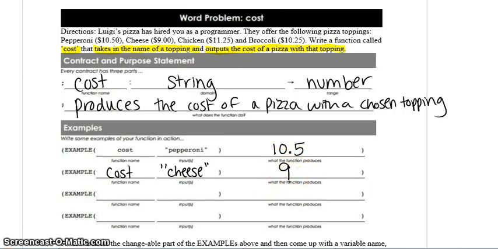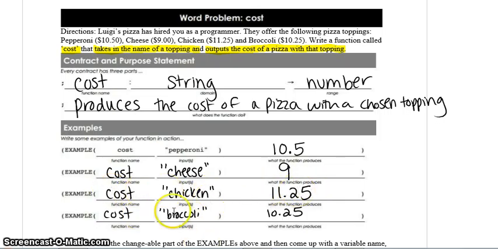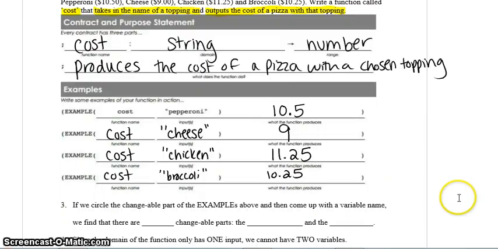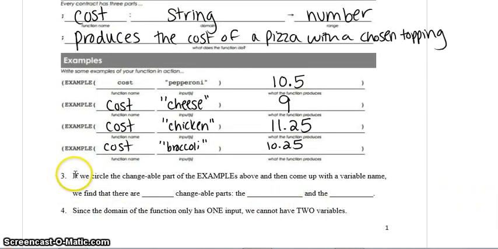Go ahead and pause the video now and try the last 2 examples on your own. Here are our last 2 examples, so check those. And let's take a look at the bottom of this page. If we circle the changeable parts of the examples above and then come up with a variable name, we find that there are how many changeable parts, and then what are their names.